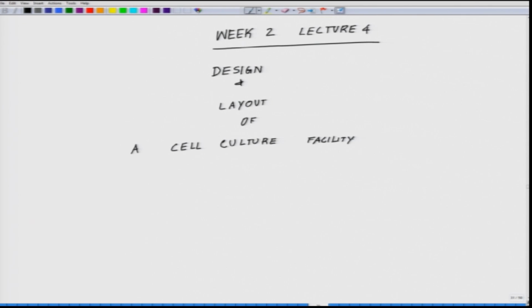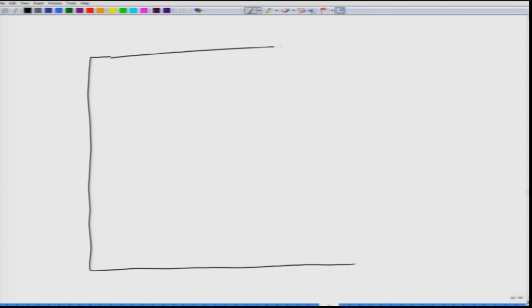And in the last class I told you, let us assume that this is our working area, something like this. Suppose this is the entry. It can change, it could be in the corner.